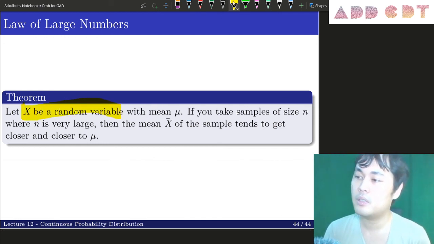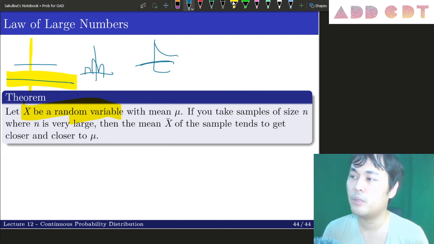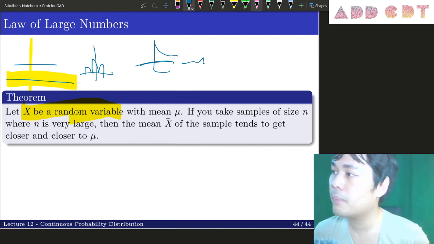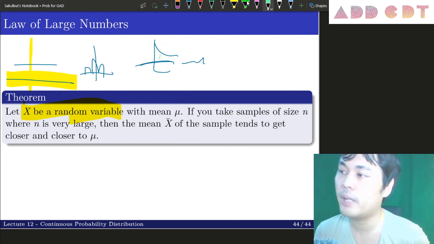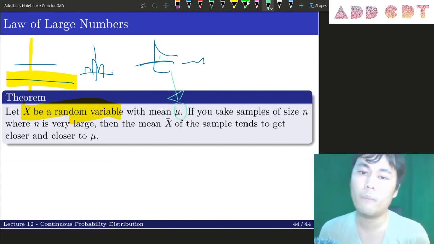So we just have any random variable, and again it can be anything. It can be uniform, discrete, exponential, or whatever you start with. If you take enough samples from that distribution, then the mean is going to be close to mu.